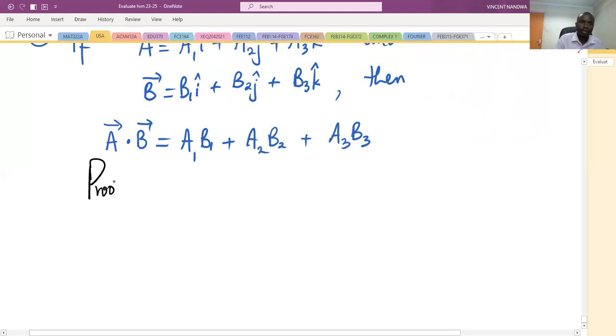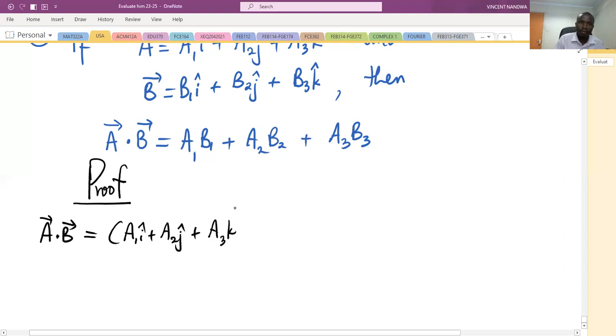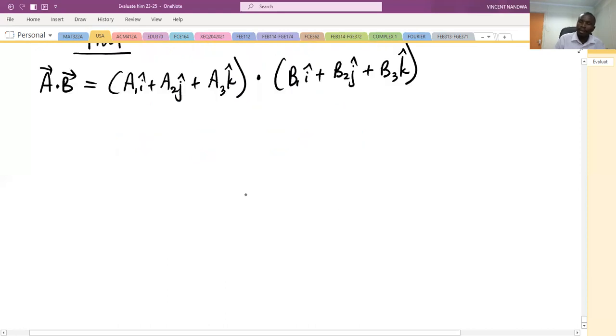So proof. A dot B, we have been given A is A1 i plus A2 j plus A3 k dot B1 i plus B2 j plus B3 k.